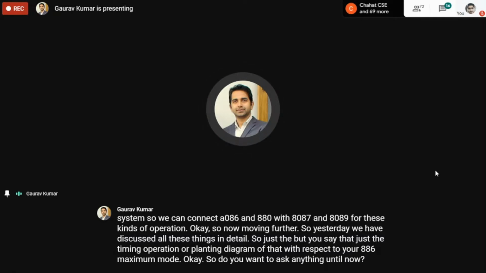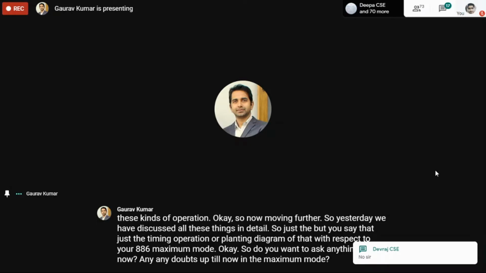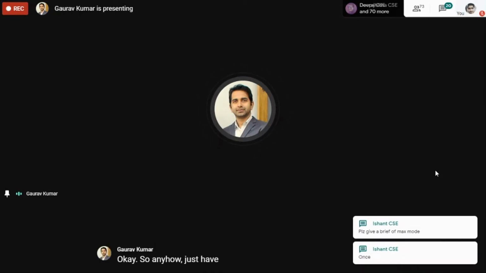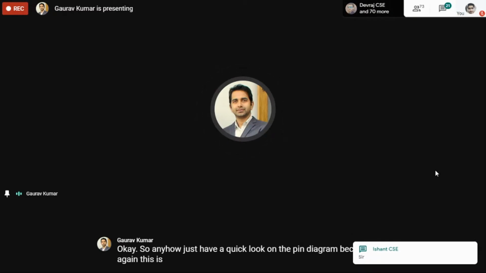Any doubts up till now in the maximum mode? Okay, so anyhow, just have a quick look at the pin diagram because again, this is going to play a vital role in the timing diagram.